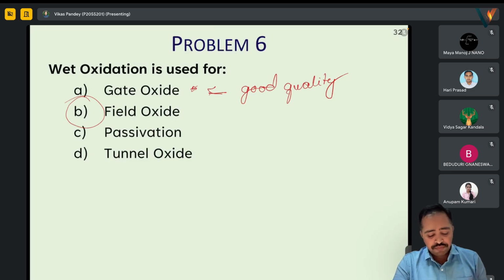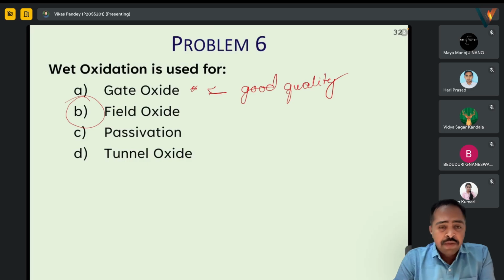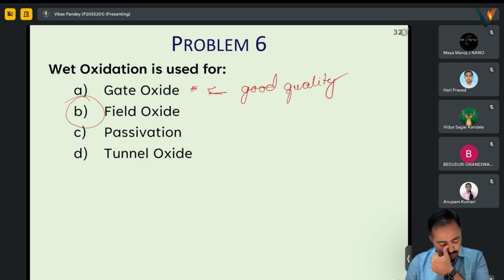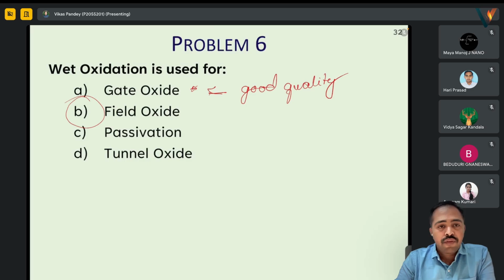Whereas in case of field oxide, we can go for wet oxidation where we are just using it to shield, or even for passivation also we can go for, no, we cannot go for wet oxidation for passivation. Why?